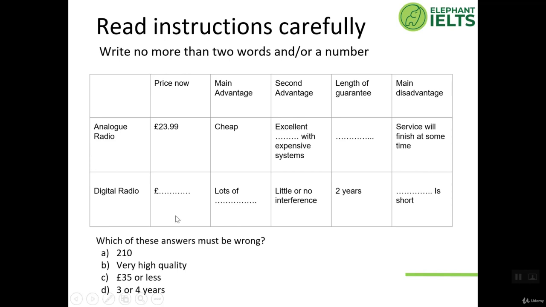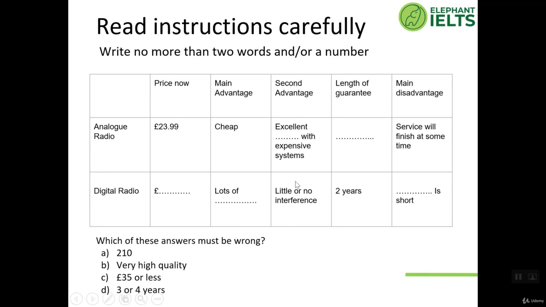The first one is under the title, Price Now, and it's next to digital radio. Looking above, I can see another price. So I predict that I must be listening for another price, possibly higher because this one's a digital radio. The one before is an analog radio.